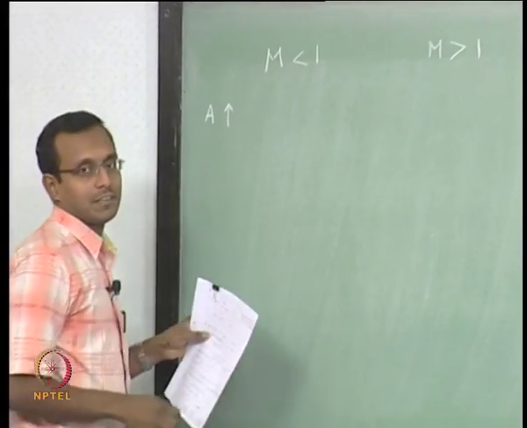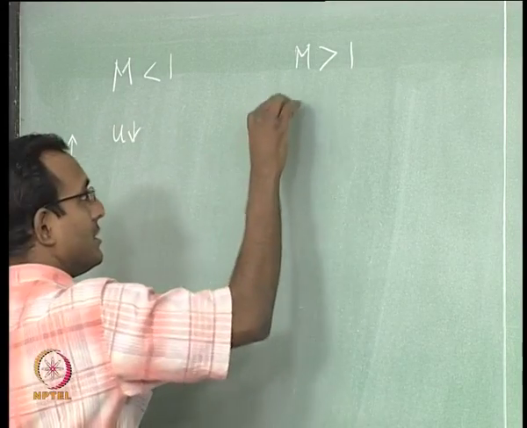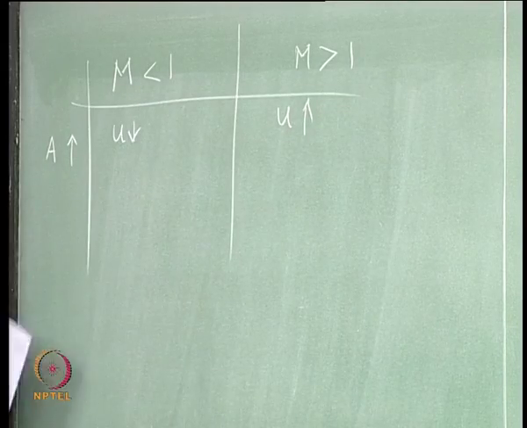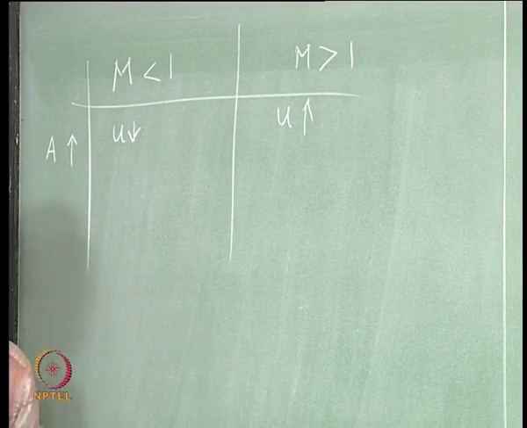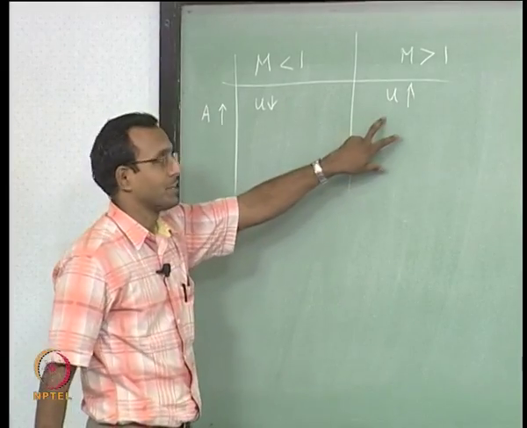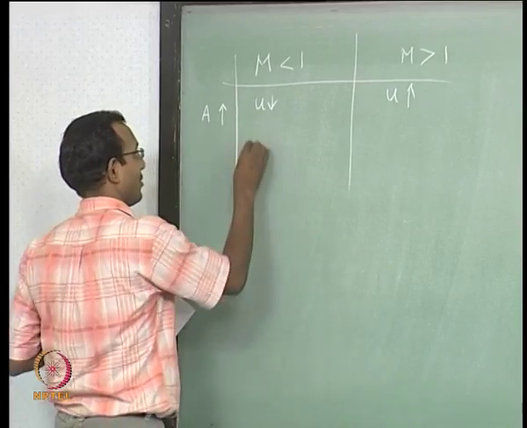If I increase area, velocity decreases here and velocity increases here. We have this table, I am just writing part of the table which we solved last time. I asked why, and actually the answer is on the board anyway, I already told you that also.